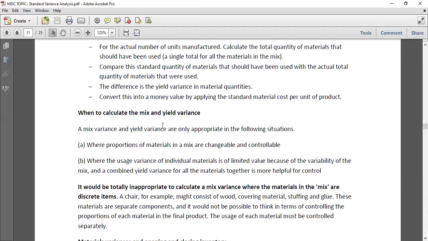So when to calculate these two, we calculate the mix and yield variance when the proportion of material in a mix is changeable and controllable, like for example, sand and cement.